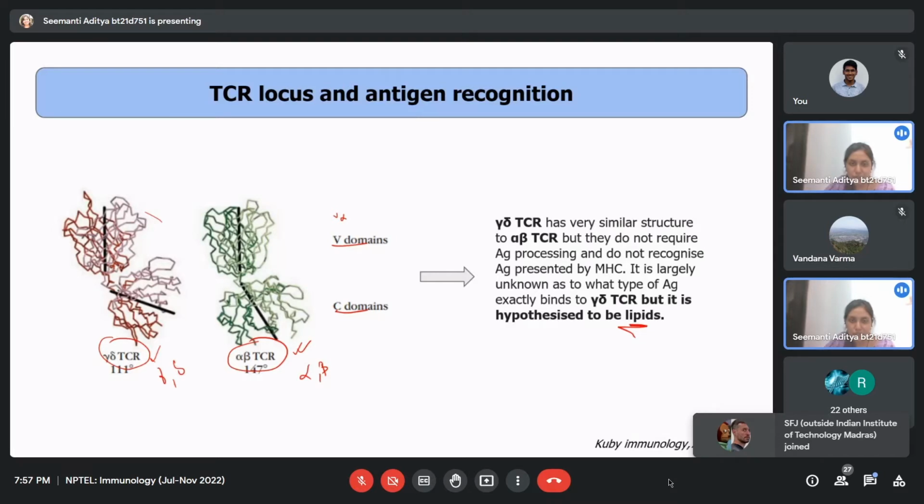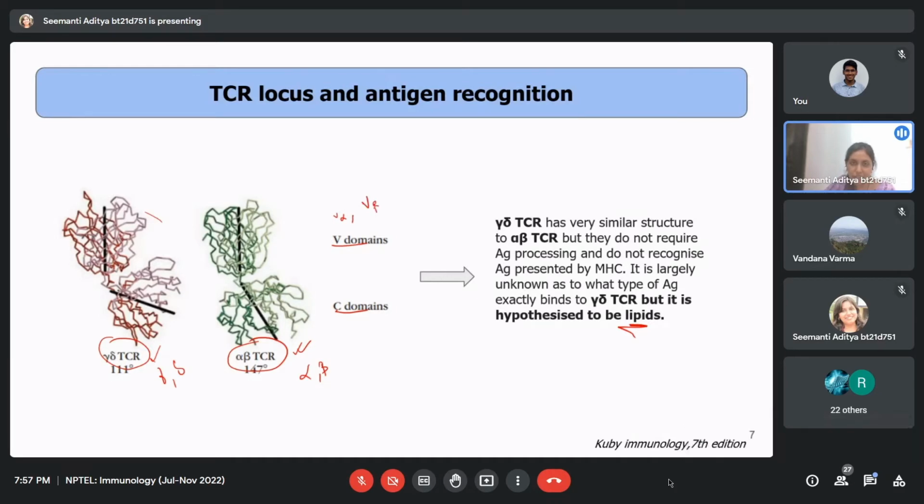So with respect to the alpha beta receptors, the variable region of the alpha chain will interact with the variable region of the beta chain from the MHC molecule. So in the lecture also, if you have gone through, sir was talking about how the alpha chain's variable region interacts with the beta chain's variable region from the MHC molecule.